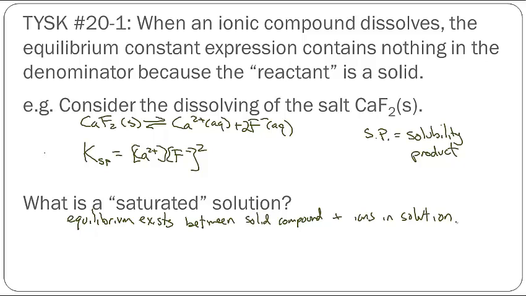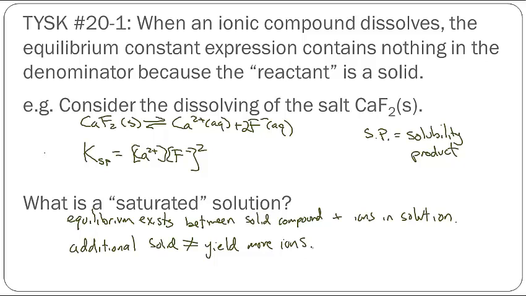So additional solid does not yield more ions. Up to that point, you can keep adding solid and ions will form. But once you hit equilibrium, it doesn't matter how much solid you add. You're at equilibrium and you can't get more.